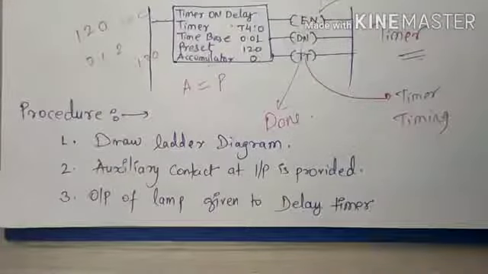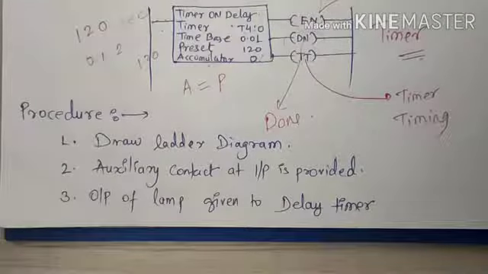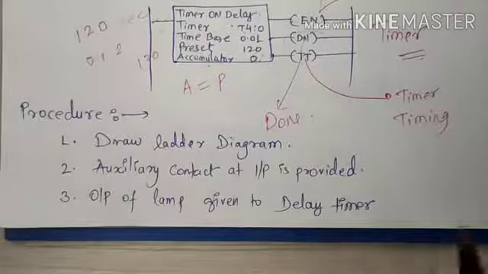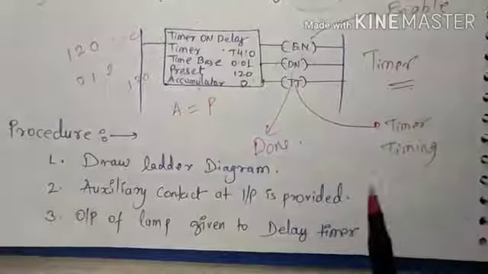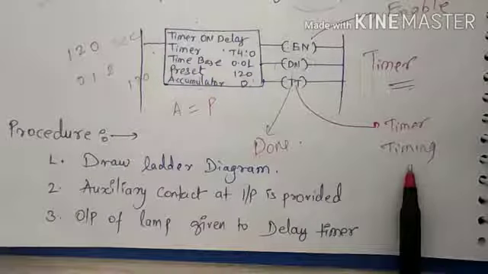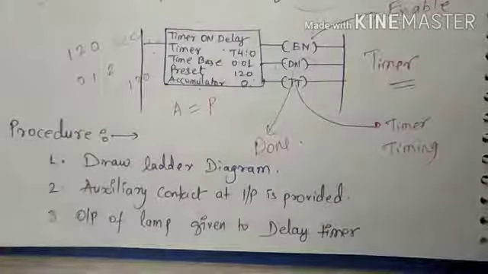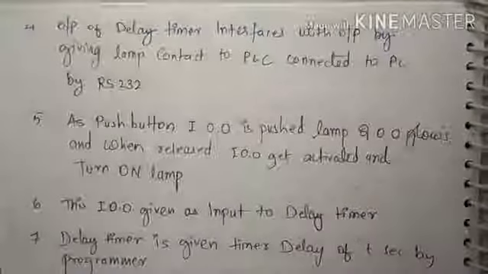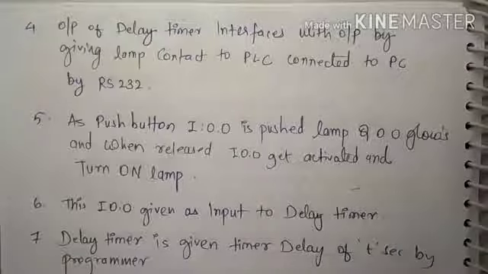Then there are auxiliary contacts provided at our input. Then the output of the lamp is given to the delay timer. The next step is the output of the delay timer interfaces with the output by giving the lamp contact to the PLC connected to the PC by RS232 communication.